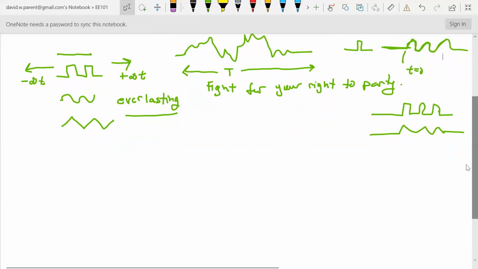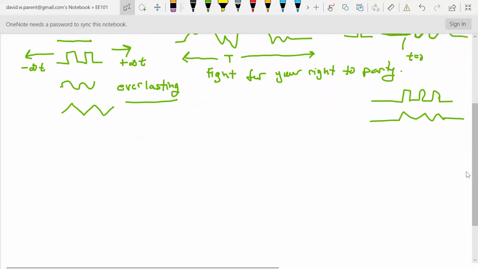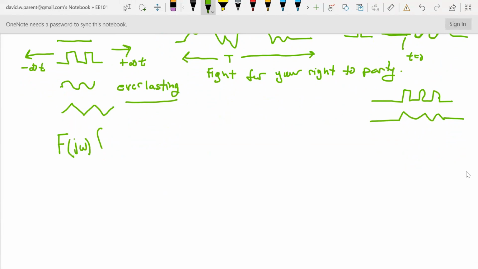All right. Now the Fourier transform, and that is an actual transform. That's not really what today's about, so if I'm getting this a little bit wrong, I'm not going to sweat it.